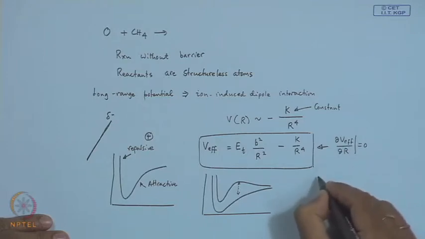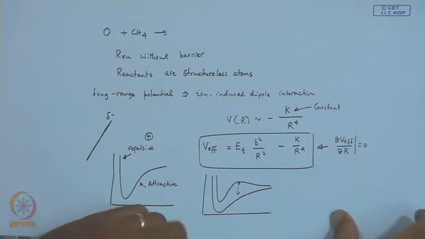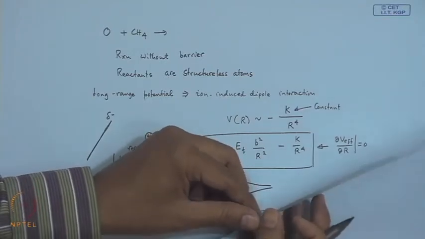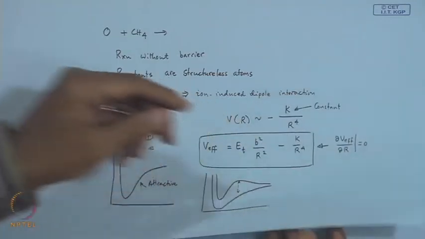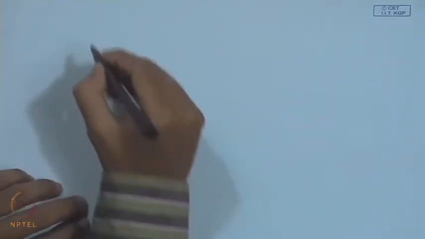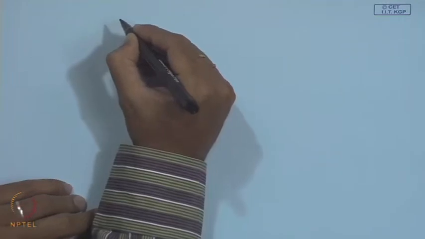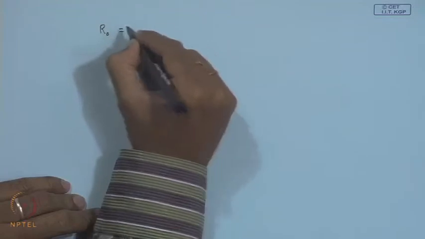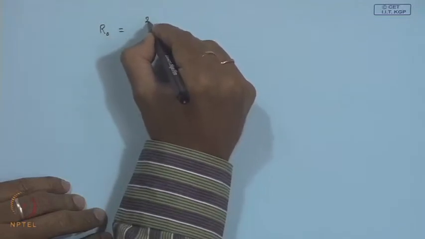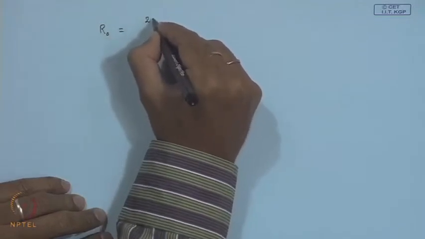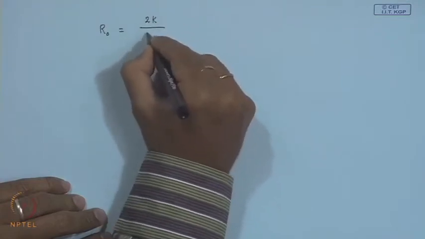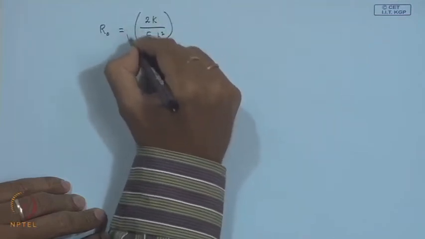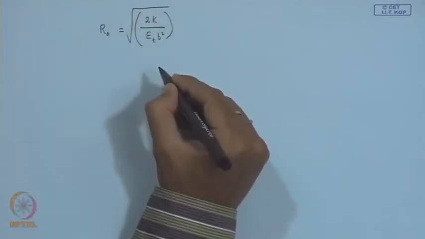If we do that, we get r0, the location of the centrifugal barrier, as r0 equal to (2k divided by E_t b square) whole to the power half.